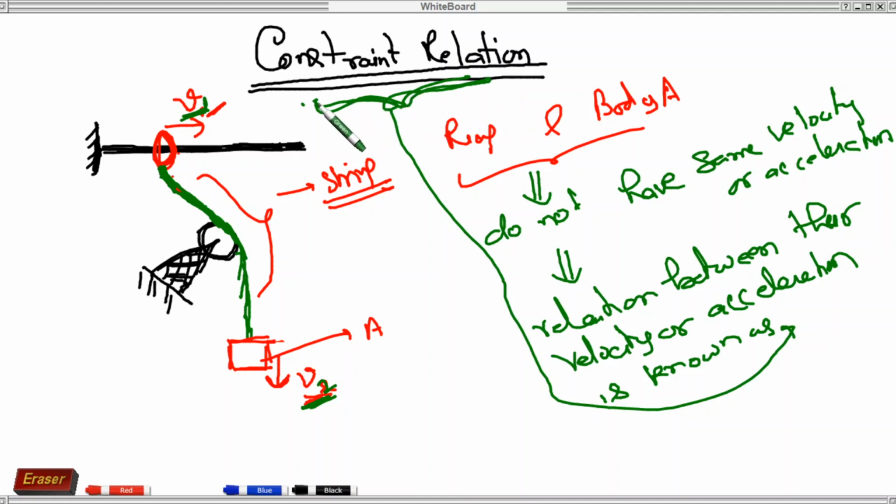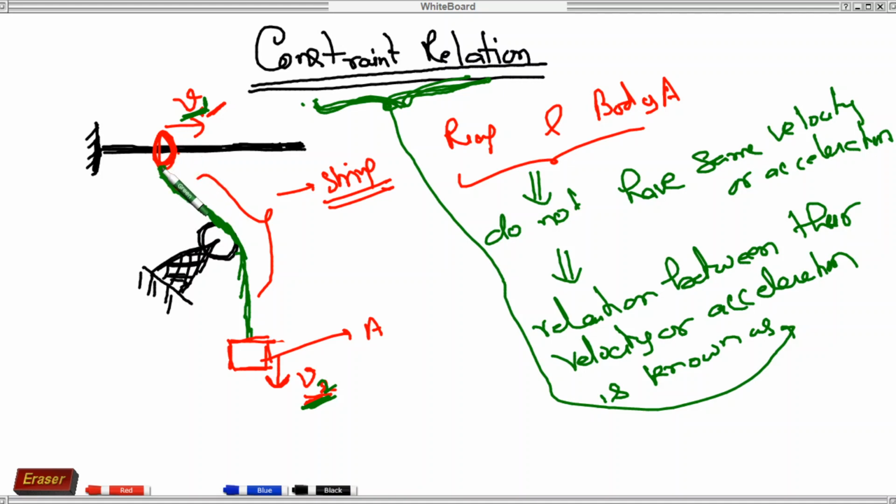Okay, so I think you are now familiar with what constraint relation means. What I am saying here is that the objects are connected to each other.